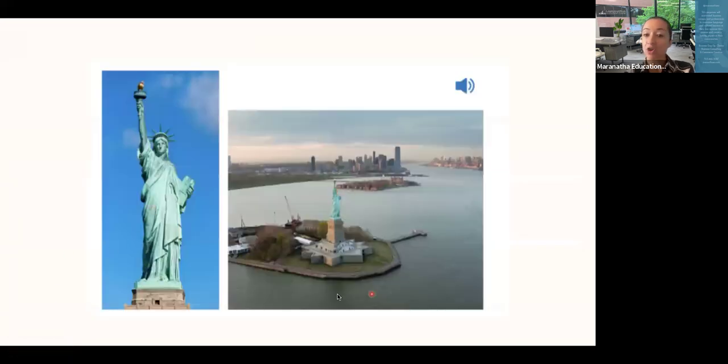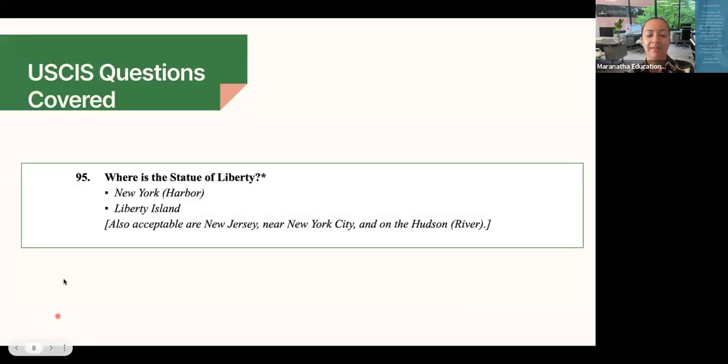Liberty Island is on the Hudson River. As I mentioned, you could only provide one answer. If you say, where is the Statue of Liberty? And your answer is New York, that is correct.